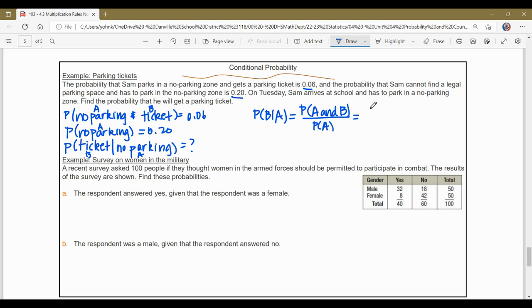So A and B is 0.06. The probability of A is 0.20. Divide and you get 0.300.